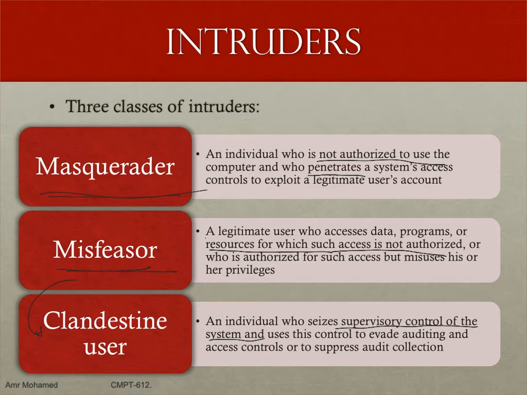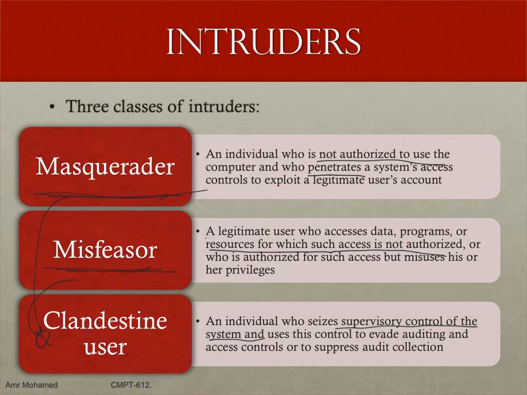So in other words, those are the two main categories, and the third one can be either of them, but he can break into the system in such a way that he can be labeled a clandestine user. So if either of these users is able to gain root access, then he will be elevated to clandestine user. The reason for this is that later on there is a study that a person did, I think in the 80s.